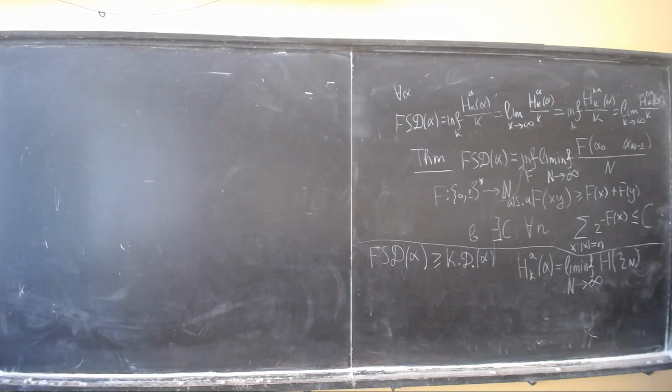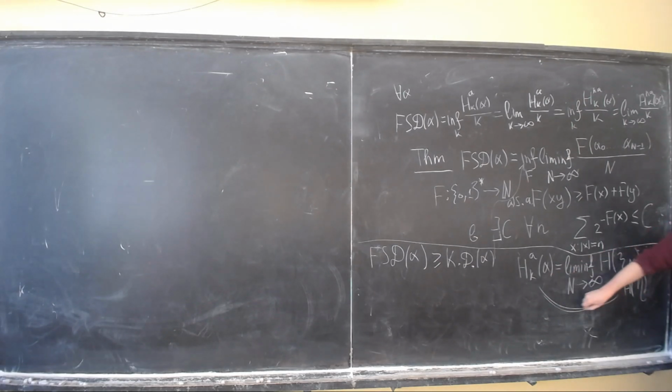So there exists a subsequence of the distributions such that the limit is equal to this thing. So we can take a limit point here. Let me call the limit point of distributions eta, such that the entropy of eta equals this thing.